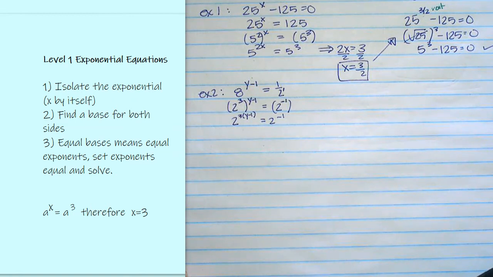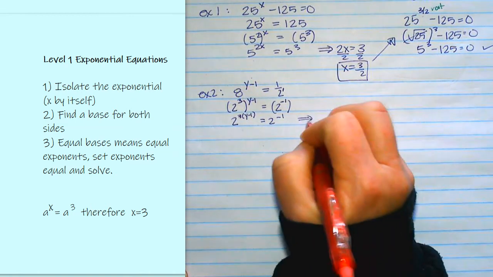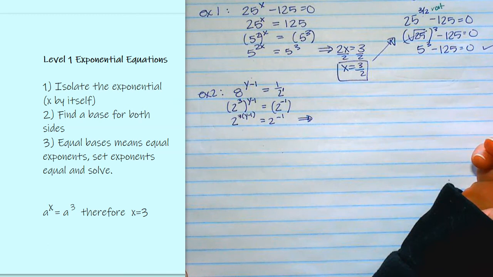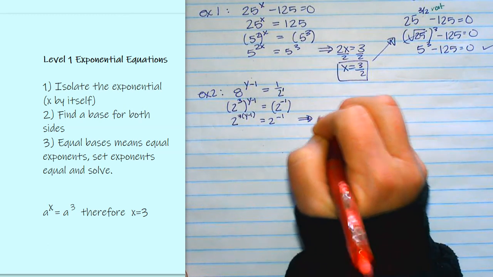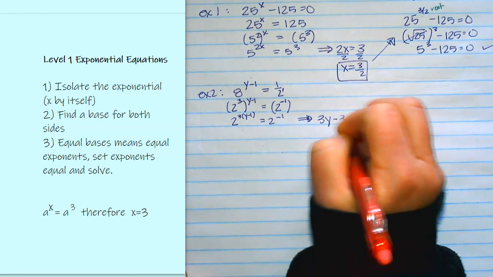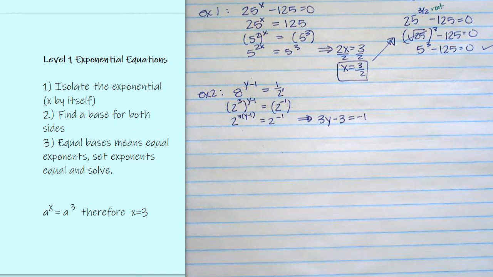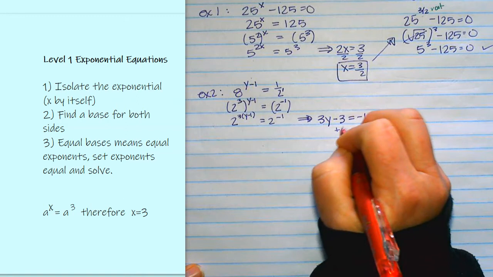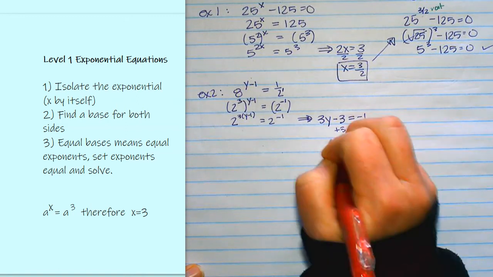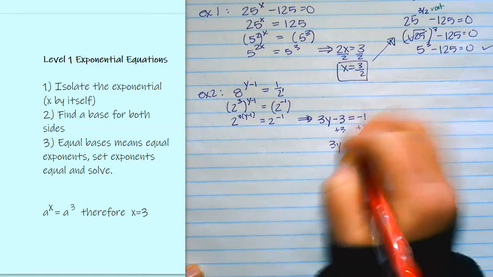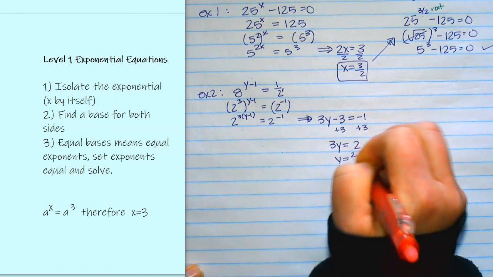So when I go to solve it, when I drop the bases and solve for the exponent, I'm going to have 3y minus 3 equals negative 1. And so I solve for this. I'm going to add 3. I've got 3y equals 2, so y equals 2/3.